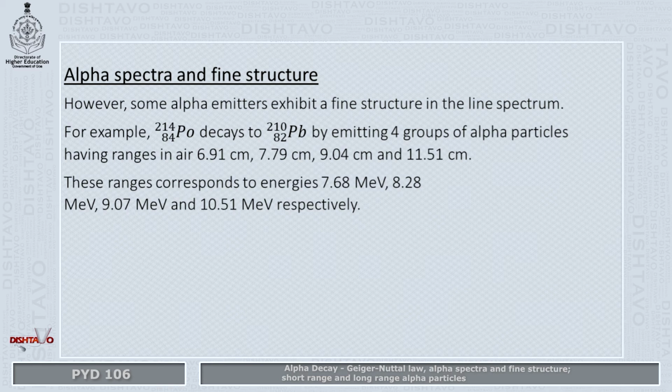As the alpha particle moves in the magnetic spectrograph on the photographic plate, the range is showing collection at different points. Since the range is different, obviously the energy associated with it will also be different. As you can see, there are different kinds of energy associated with this decay.